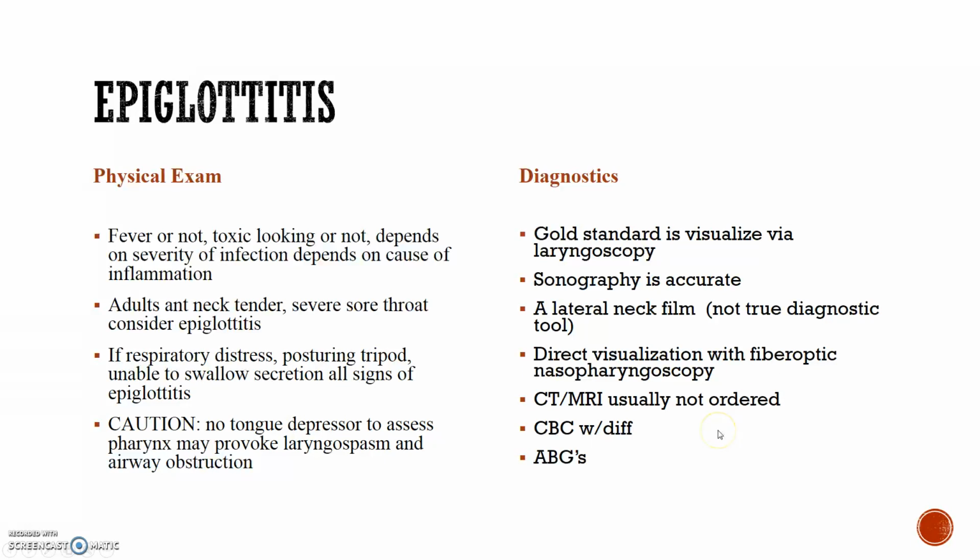You'll still see it being done, but it's not really a true diagnostic tool. I did include the thumb sign in the last slide for you to look at. CTs and MRIs are not generally ordered because of the time and the positioning of the patient. CBC with diff and arterial blood gases can be helpful.